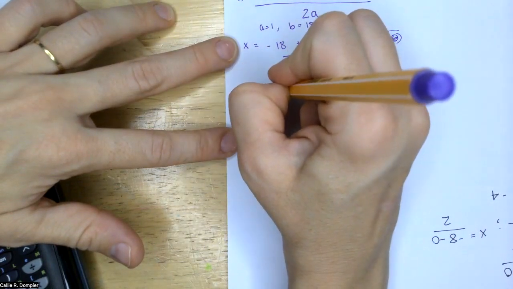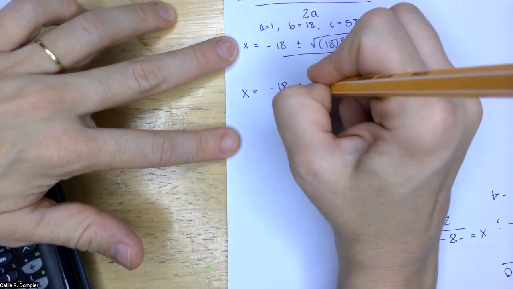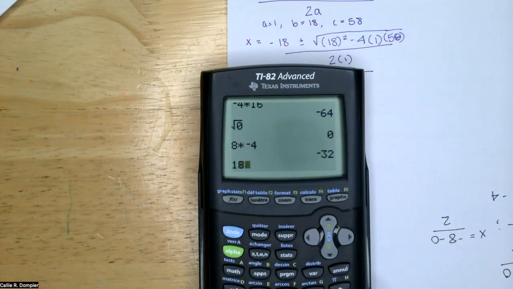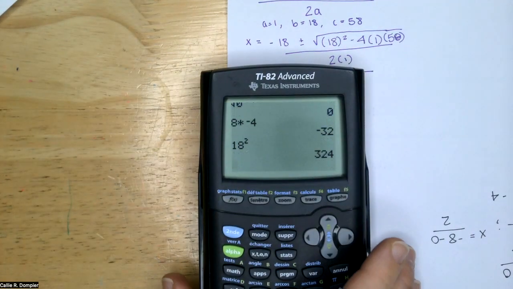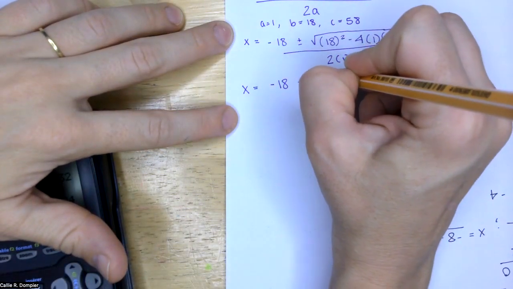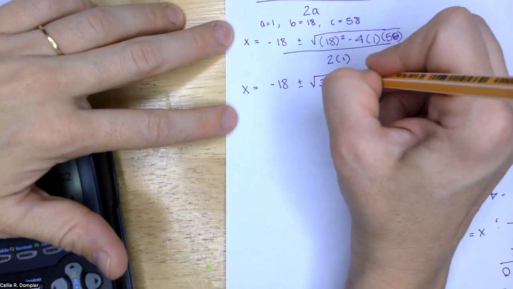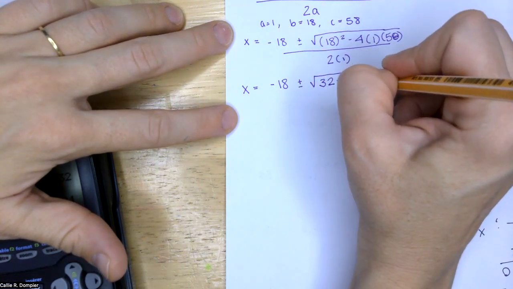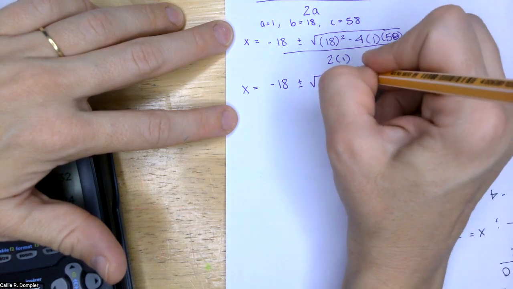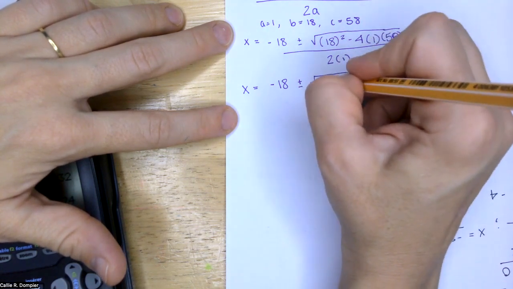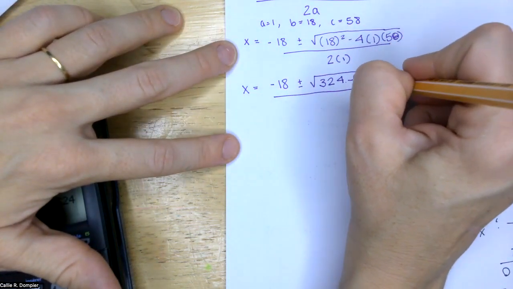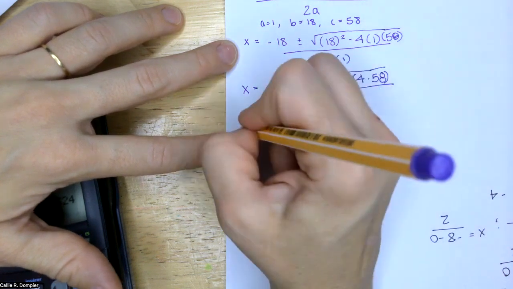X equals negative 18 plus or minus the square root of, what is 18 squared? 324. The square root of 324, minus 4 times 1 is just negative 4 times 58. So we have 324 minus 4 times 58, all over 2 times 1, which is just 2.